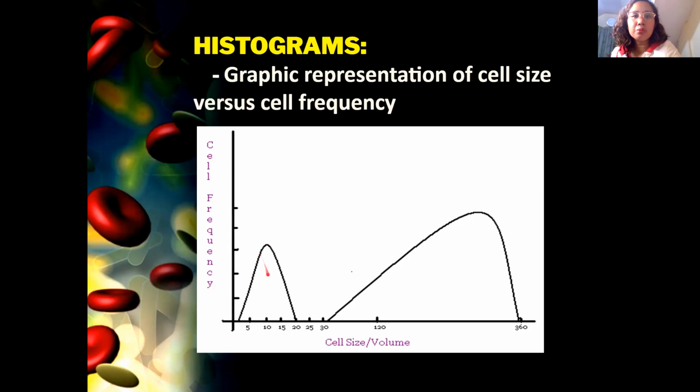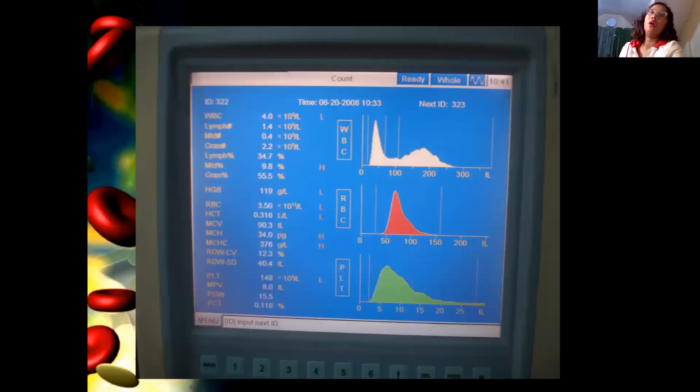So if this is high, it means the amount is high. Here, 5 to 20, I'm guessing this is the platelets, so it would show the platelets. This is a good histogram, because when you see it, you would know what cells are present, and if there is an abnormal increase of a certain cell, and so on.